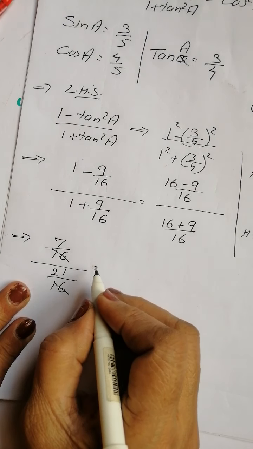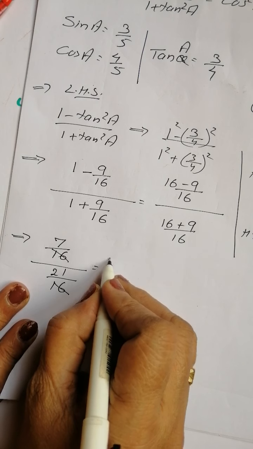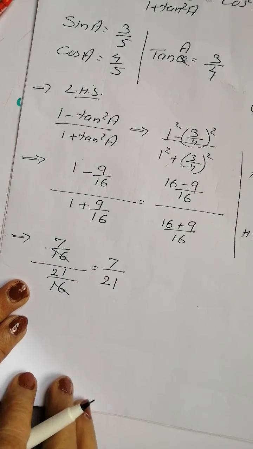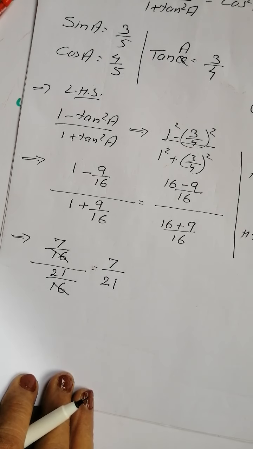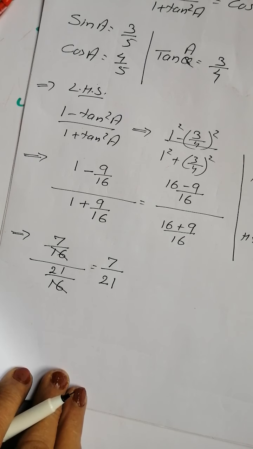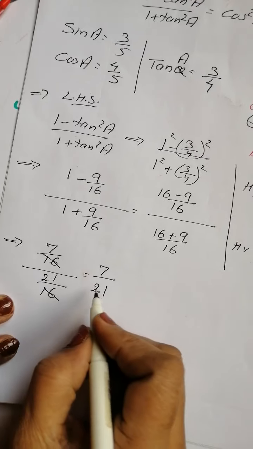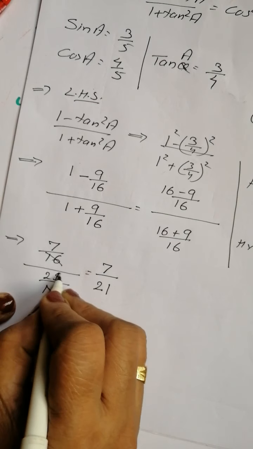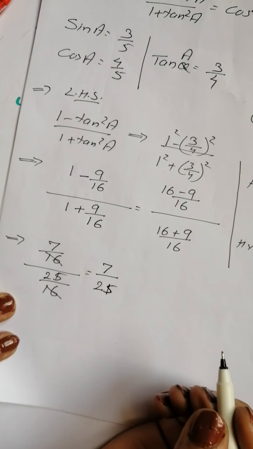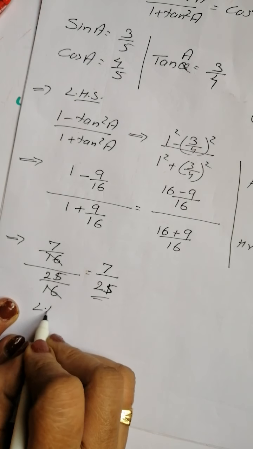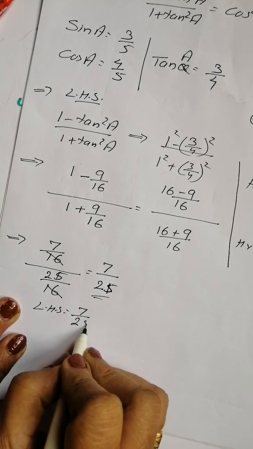What you will get is 7 over 25. Got it? So LHS we got as 7 by 25. Clear?